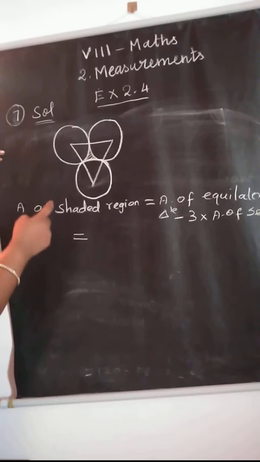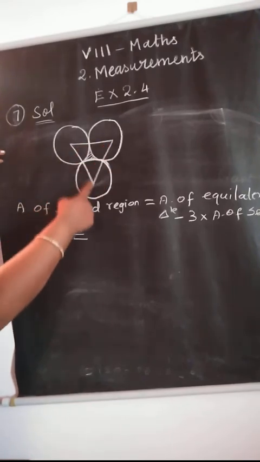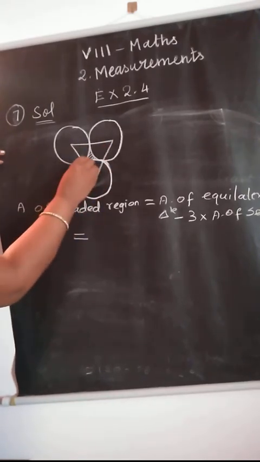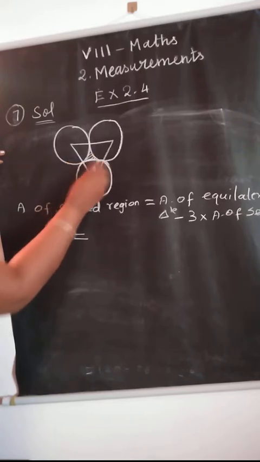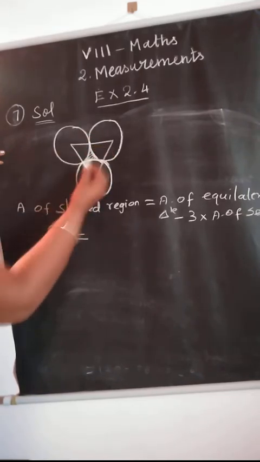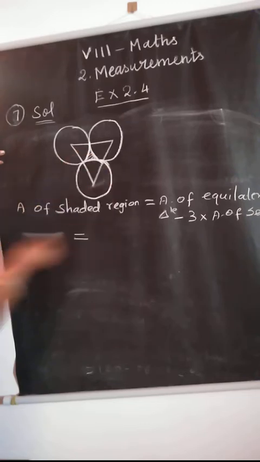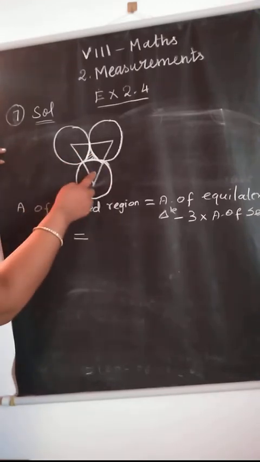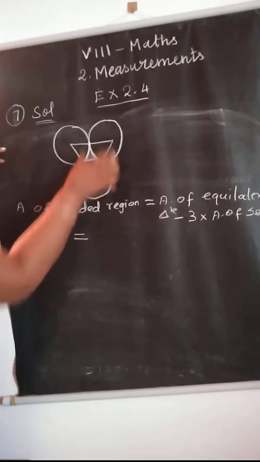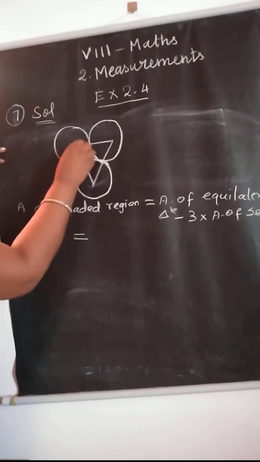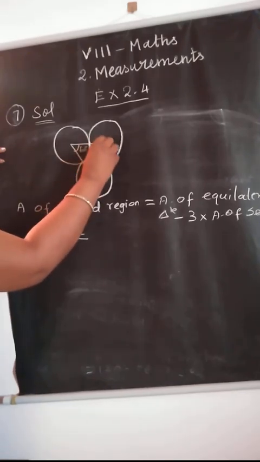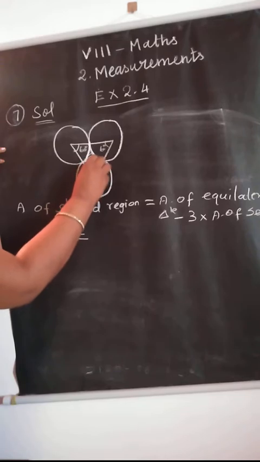Now listen, this is an equilateral triangle. So how many sectors are forming here? This one sector 1, this one 2, this one 3. Okay, so 3 sectors are forming. So this is an equilateral triangle, means this angle is also equal, 60 degree, 60 degree, here also 60 degree.